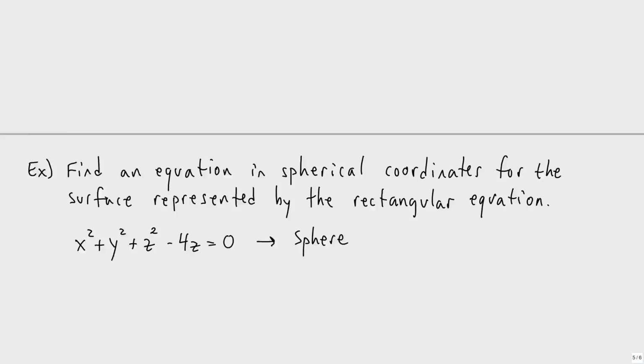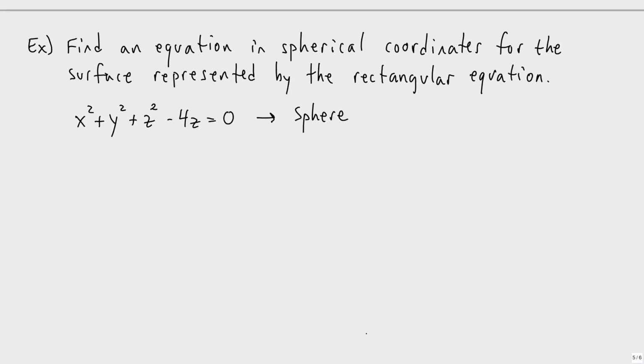Let's do another one of those. This time we have x squared plus y squared plus z squared minus 4z equals 0. So let's switch this over to spherical. x squared plus y squared plus z squared is actually just rho squared.